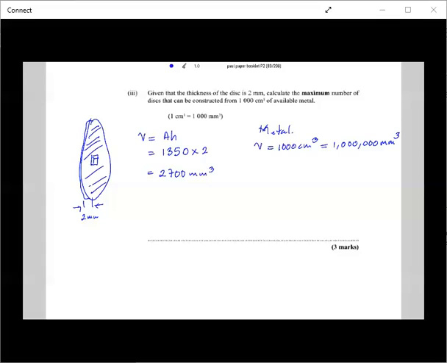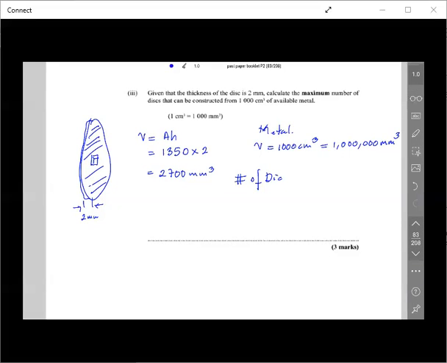Here's the question. If I have 1 million millimeters cube of metal available and one disc requires 2,700 millimeters cube, how do I determine the number of discs I can get? What must I do? Divide. Very good. I must divide.